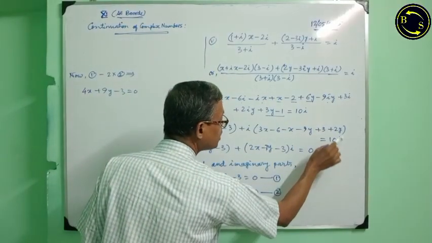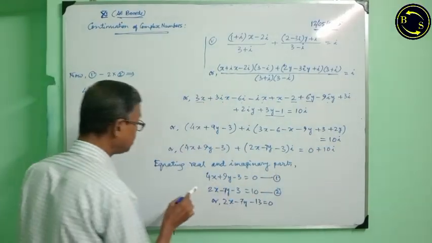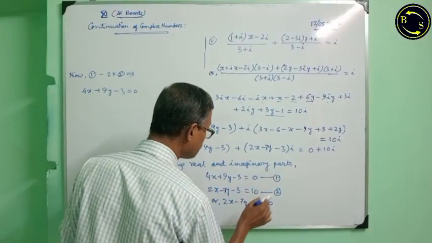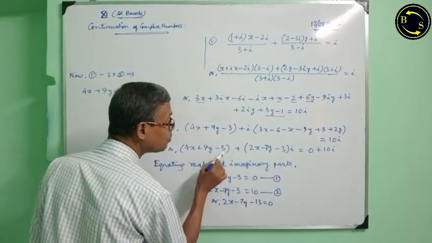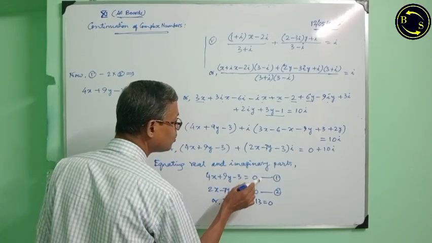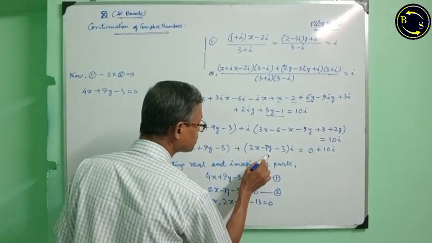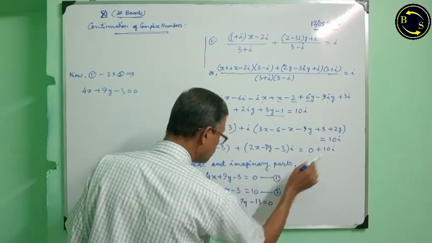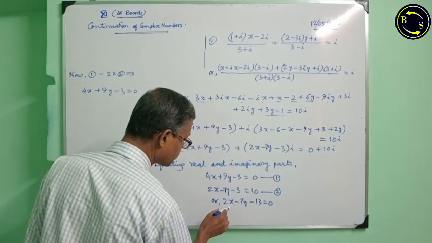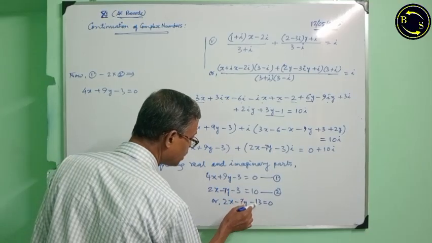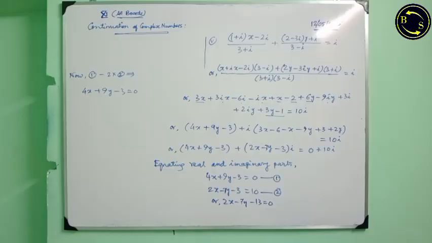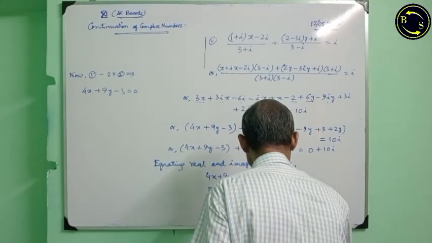Since this is only imaginary, I have taken this. Then we have equated real and imaginary parts and got this equal to 0. 4x plus 9y minus 3 equal to 0, and 2x minus 7y minus 3 is equal to 10. Then in the next step, written 2x minus 7y minus 13 equal to 0. This is actually 2, not this one.